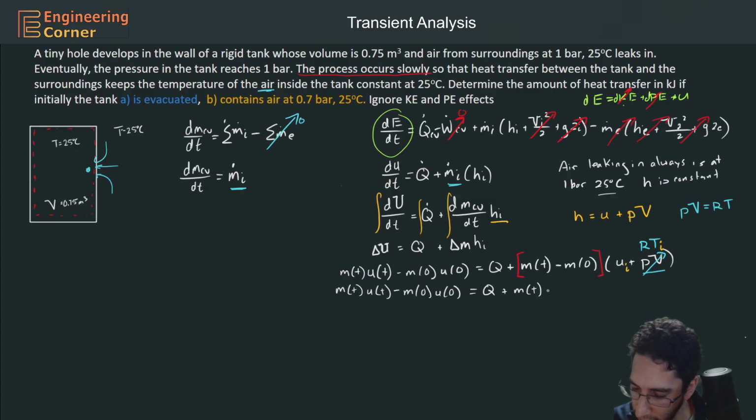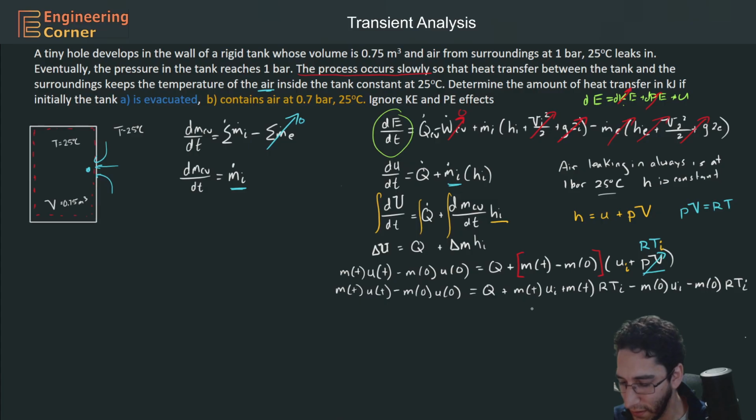So then this is going to be times U_i, and then plus M, my final mass, times R T_i. Now we're going to subtract M_0, my initial mass, times my initial internal energy, minus my initial mass at time 0 times R T_i. And that all fits.